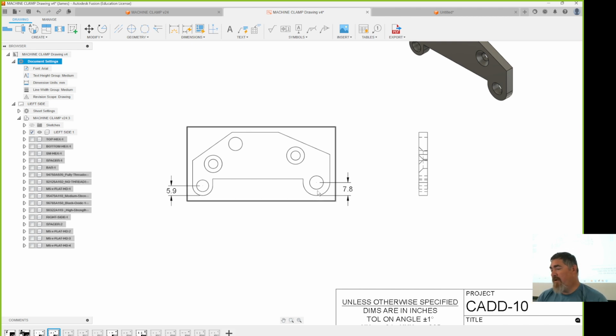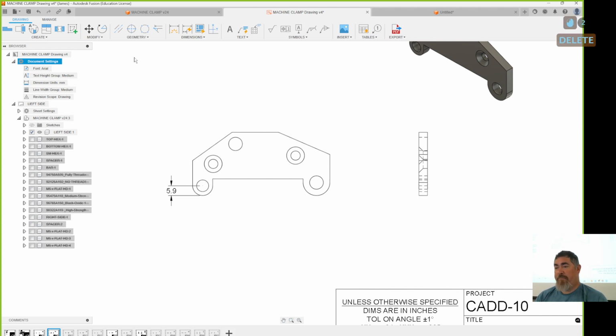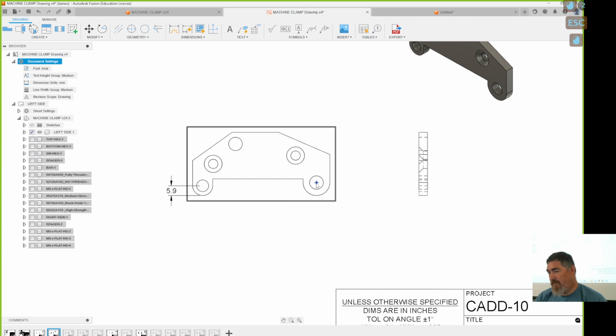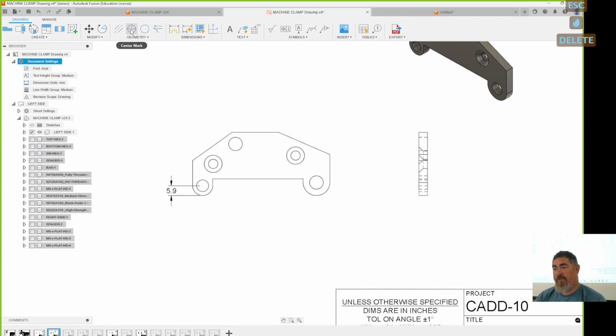But what's the relationship between that circle and that circle? They're concentric, right? So if I just put in a center mark, why won't you put in an actual full center mark? There. And then I just grab that and drag it out past, like that.